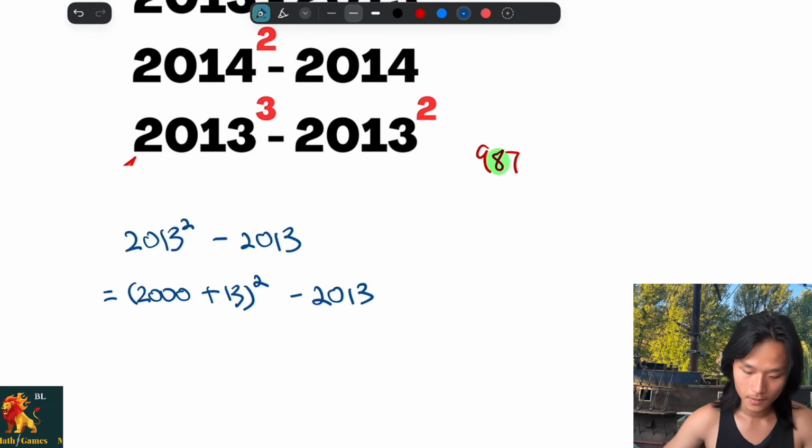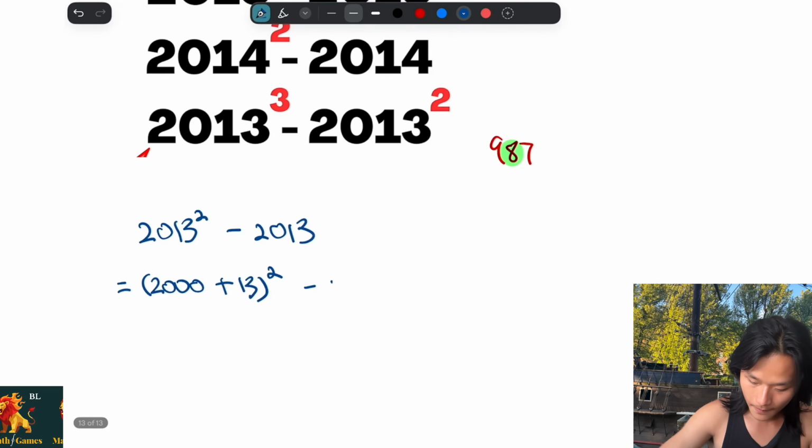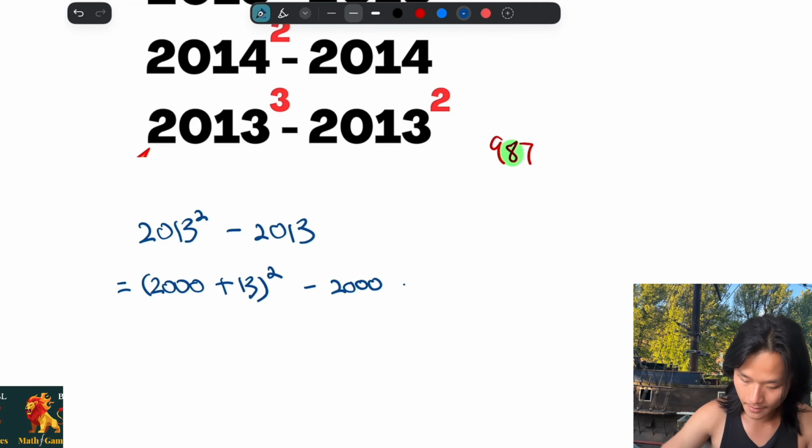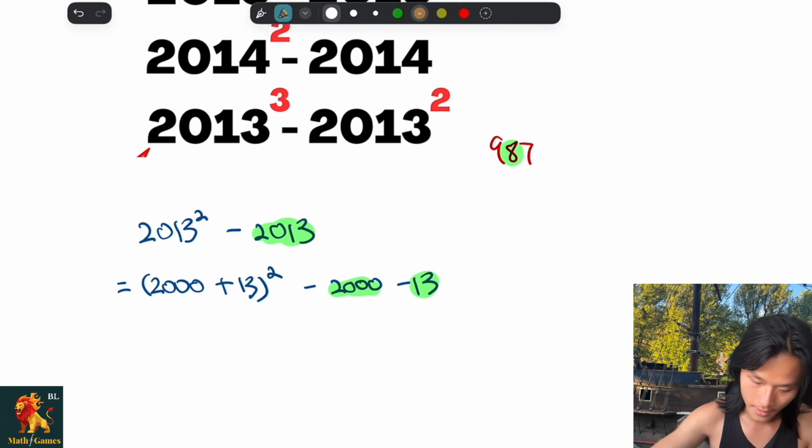We also want to write this as minus 2000 and then minus 13, okay? So we have that, and then the first term becomes that, okay?